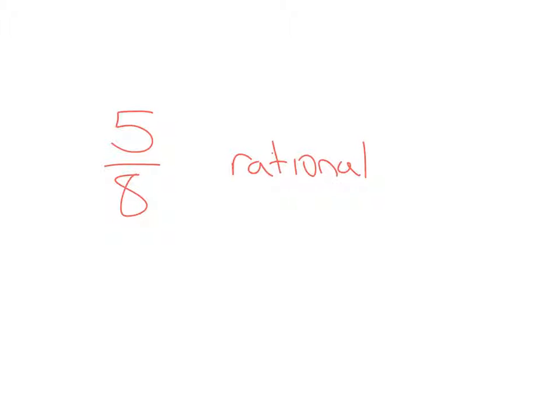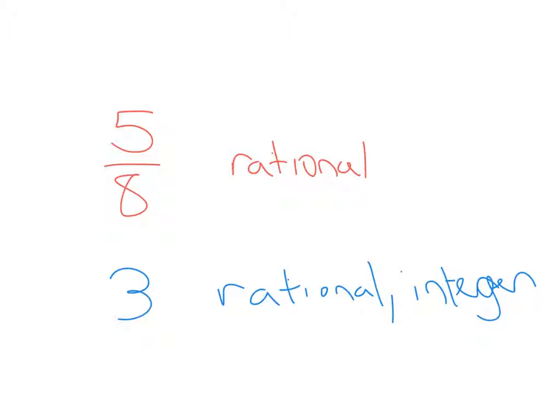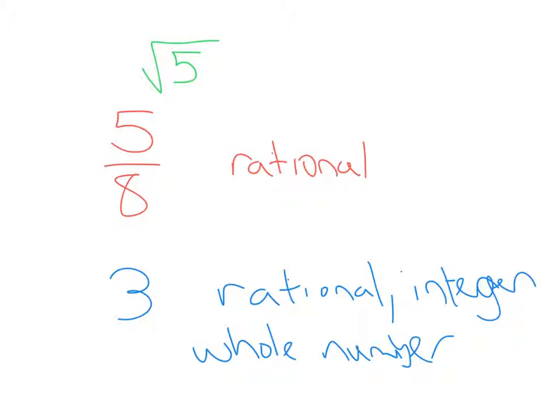If I'm asked to classify the number 3, that is going to be a rational number, it is also going to be an integer, and it's also going to be a whole number. So it meets all three of those characteristics. If I have something like the square root of 5, that is going to be an irrational number, because when I plug it into the calculator, it goes on forever and it doesn't repeat.